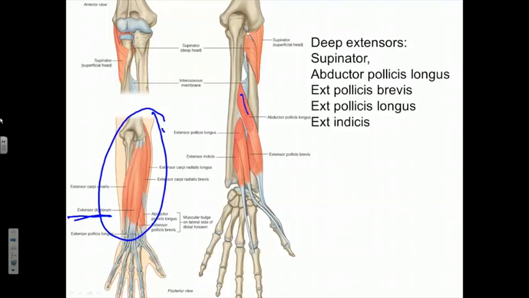Note that we have an abductor pollicis longus that goes out and attaches to the base of the proximal phalanx and basically acts as an abductor there. And then we also have two extensors. We have the extensor pollicis brevis that attaches to the proximal phalanx, and the extensor pollicis longus that sweeps all the way out to the distal phalanx and certainly extends at every joint along the way.